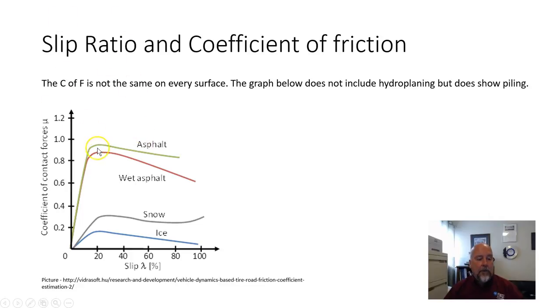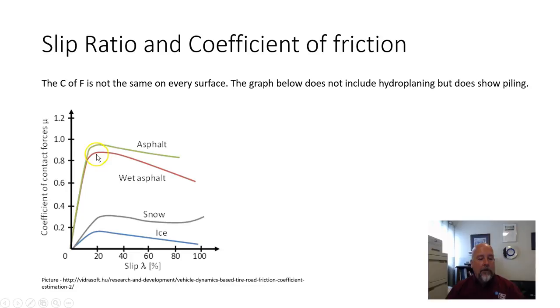After around 20%, you start to see that fall off. And these numbers are typically quoted for acceleration and braking loads. The loads are different when turning. You lose the ability to steer the vehicle somewhat if you have slip while turning. Okay, so this is acceleration and deceleration primarily.